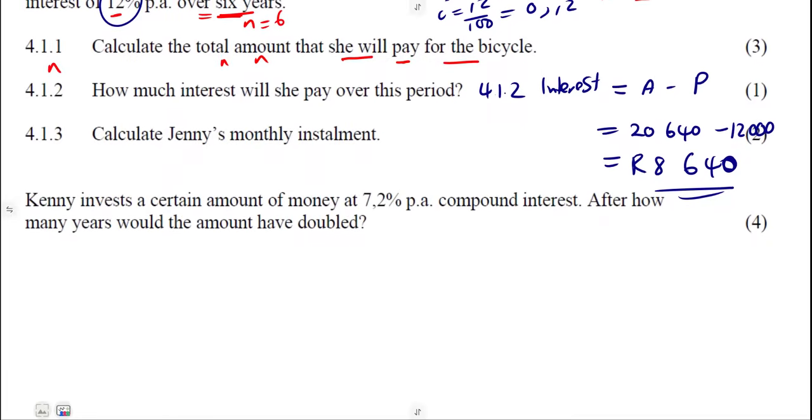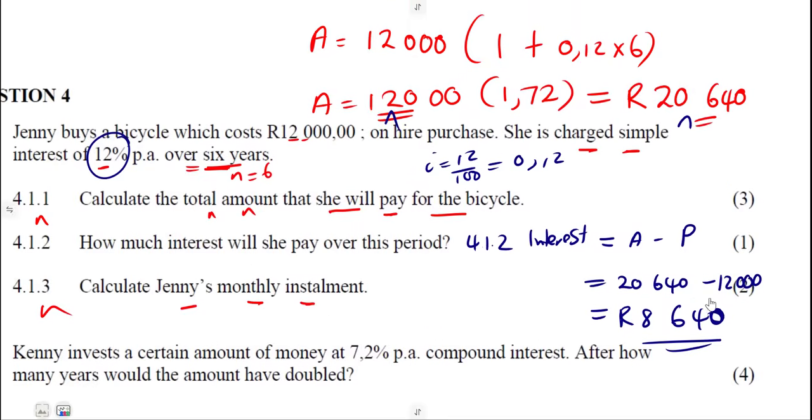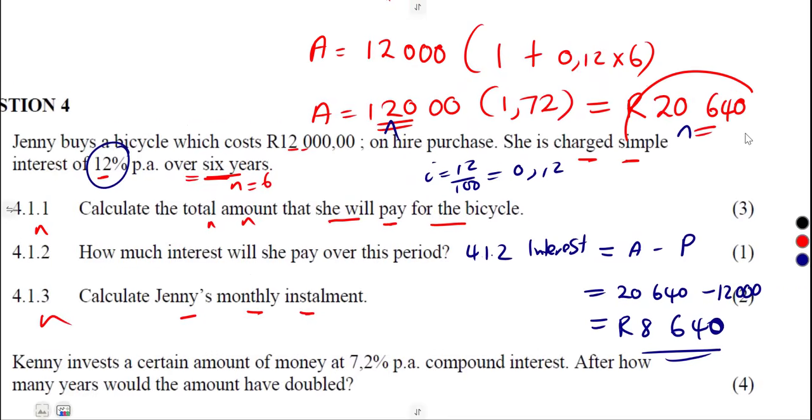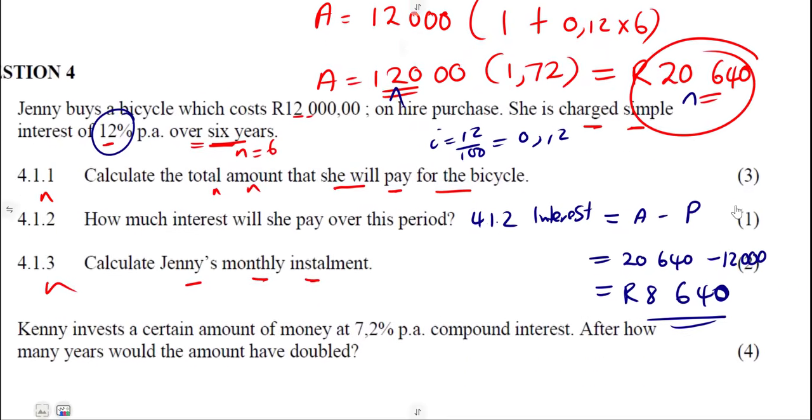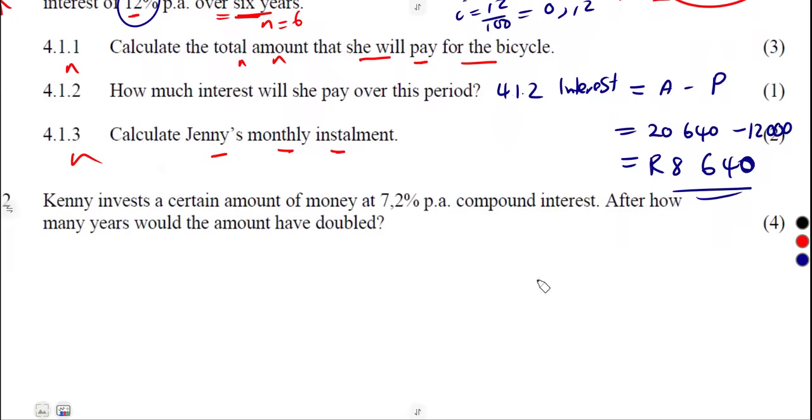Then 4.13, calculate Jenny's monthly installment. Monthly, she is supposed to pay at the end of the day 20,640. How much is she gonna pay monthly?